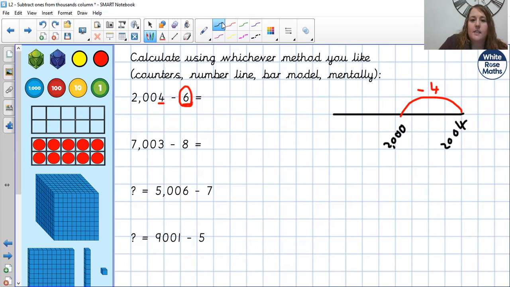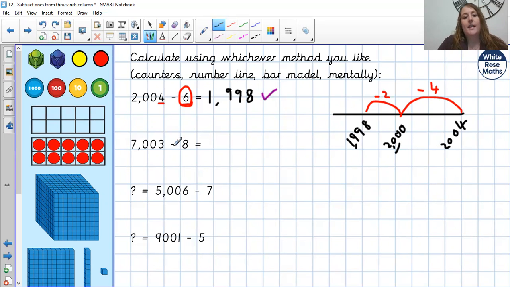And then I just need to subtract another 2 because I know that my 2 and my 4 will equal my 6. So again, imagining my 100, 100 take away 2 would be my 98. And I've got 20 here, that would go to 19. So if you got the answer 1,998, please give yourselves a tick.